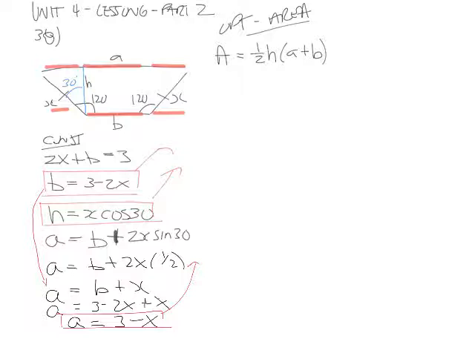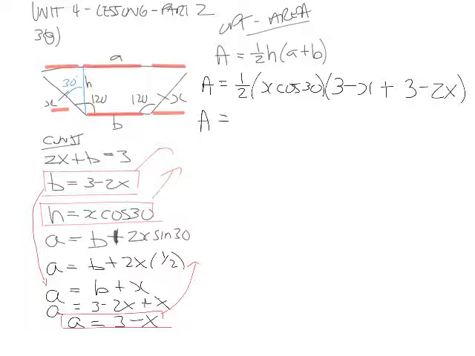Now I'm able to plug these values in. My area is equal to 1/2 my height, which I said is x cos 30. The only reason I'm dragging cos 30 along is because it doesn't work out very nicely. My a value was 3 minus x, plus my b value, also in a box, was 3 minus 2x.